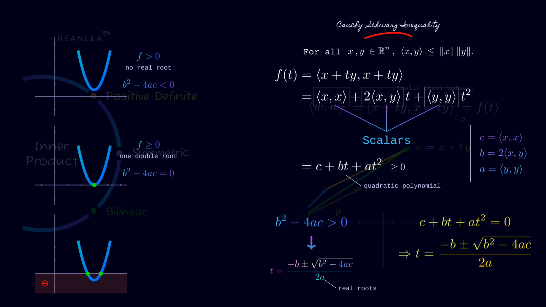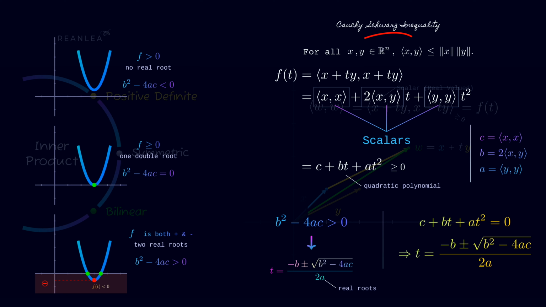And you can simply check that in between those two real roots, f has a negative value. That is, for some real number t in between those two real roots, f(t) is negative. So long story short, here f has both positive and negative values and has two different real roots. And the discriminant of f is positive also.